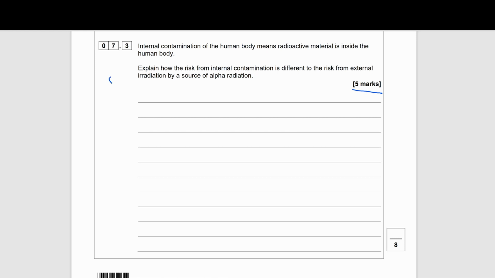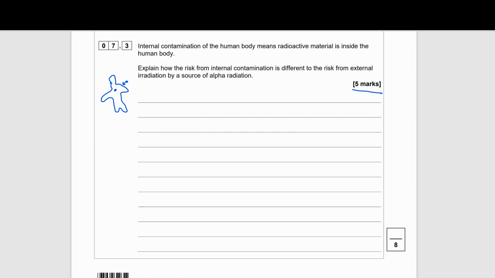So, if we do a quick sketch of the human body, what it's telling us now is internal contamination of a source of alpha. We want to compare that to the risk of external radiation from alpha radiation.